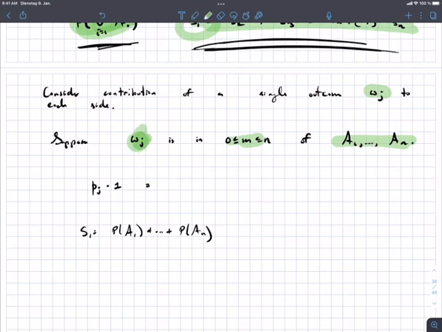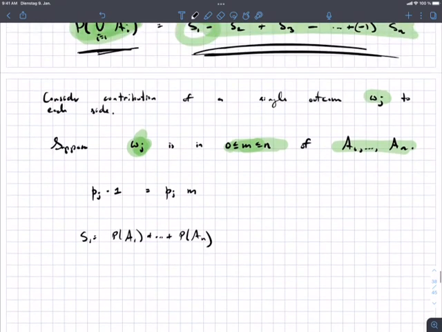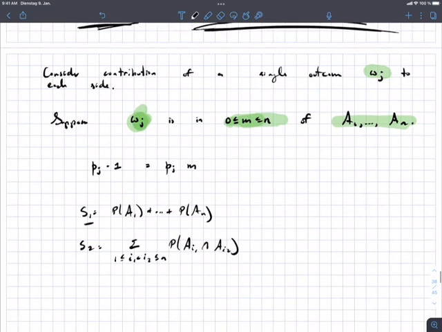So if my outcome is in exactly m of those, I'm going to get pj times m coming from this one. S2 is this, we've got this intersection between two of these.